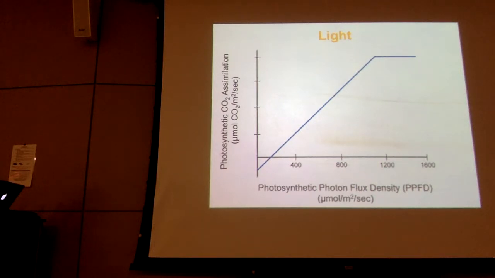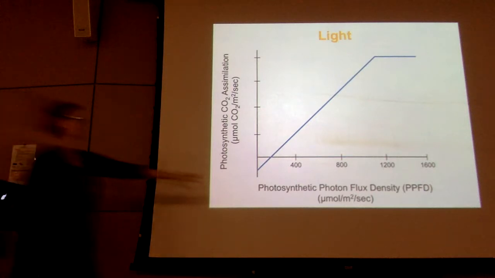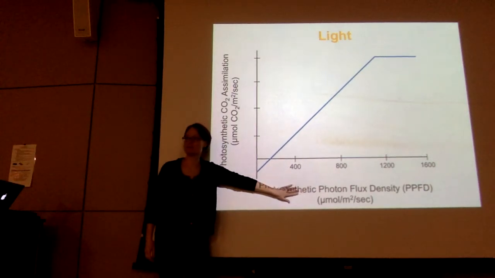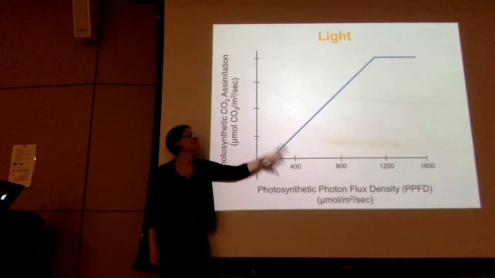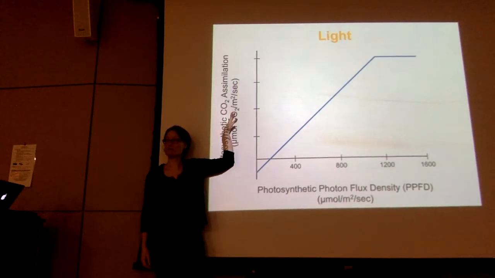And how would you describe this relationship between the amount of light that's coming into the plant versus the amount of carbon that can be fixed?